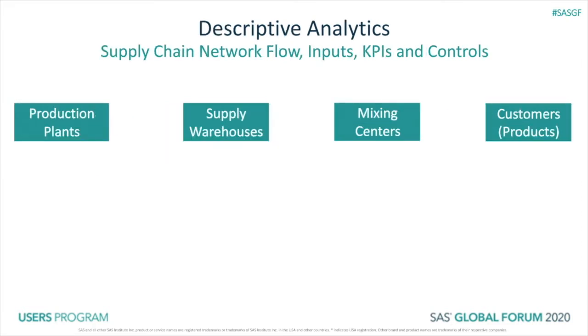Now, we are here going to be talking about how we can capture a supply chain network flow using this particular illustration. It is composed of 4 channels: production plants, supply warehouses, mixing centers, and customers, where the demand is originating. And I am using this configuration as an example of what we can do.